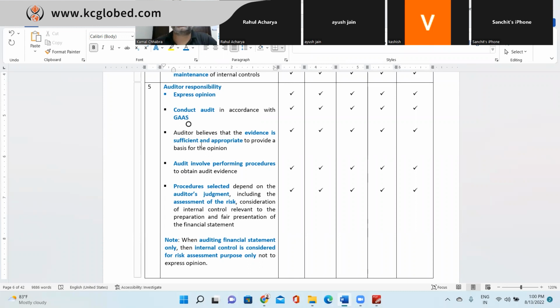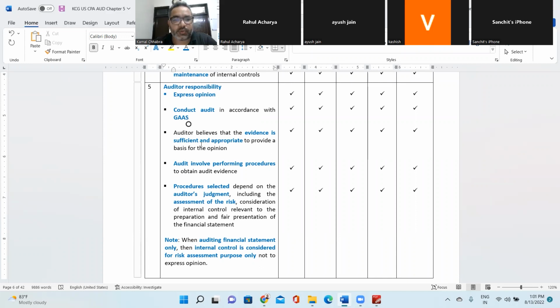right? Whether it's a standard report, modified report, adverse report, or disclaimer of opinion, in all cases you will be mentioning the auditor responsibility as well. If you see the note, when auditing financial statements only, because for a non-issuer, audit of internal control is not mandatory, right?